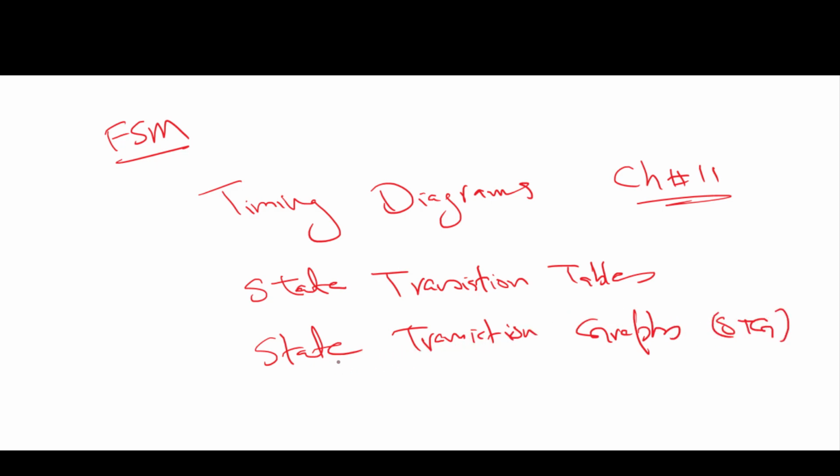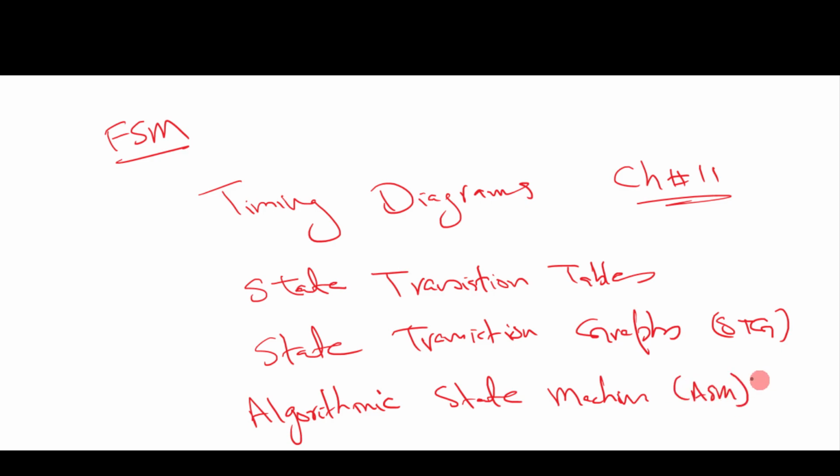We will also use them to design or analyze a finite state machine, and moreover we can also use algorithmic state machines, ASM charts, to represent our finite state machines.